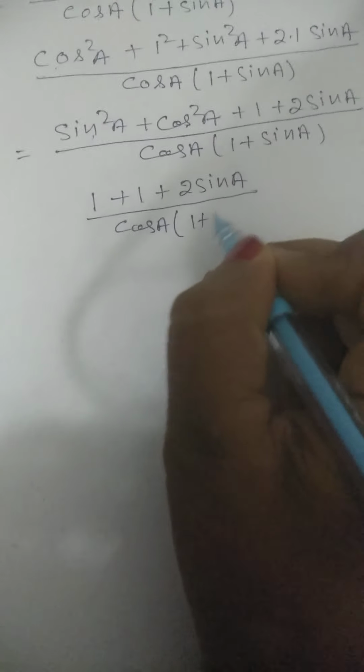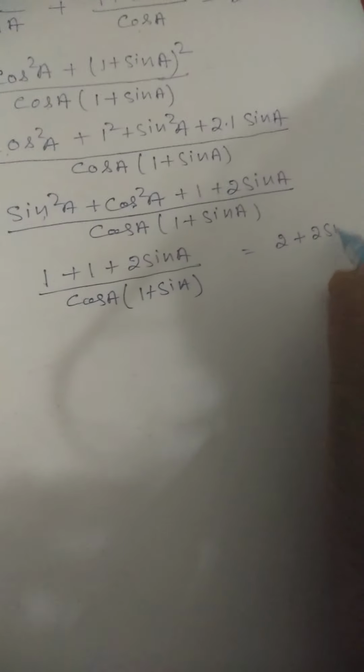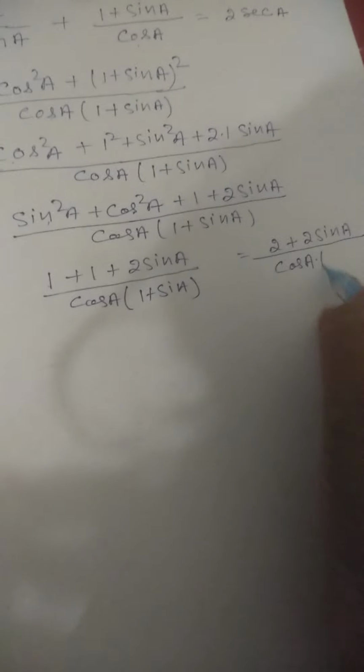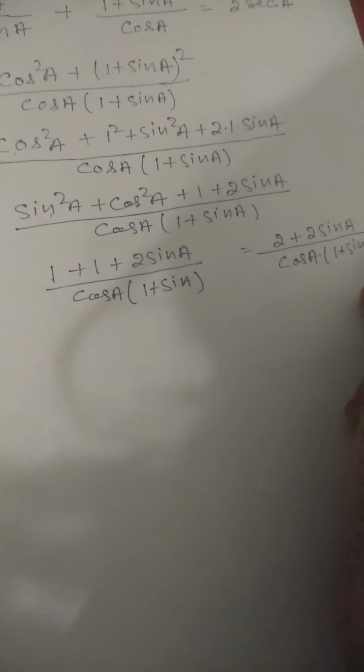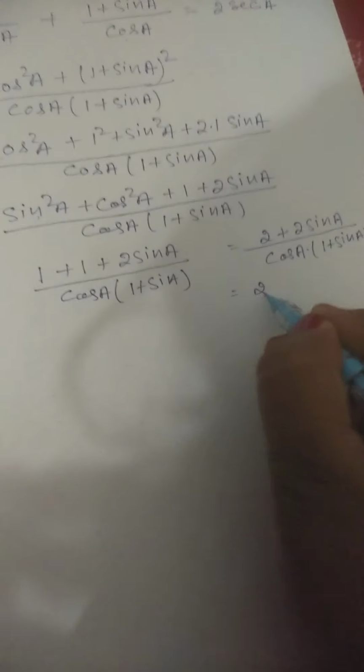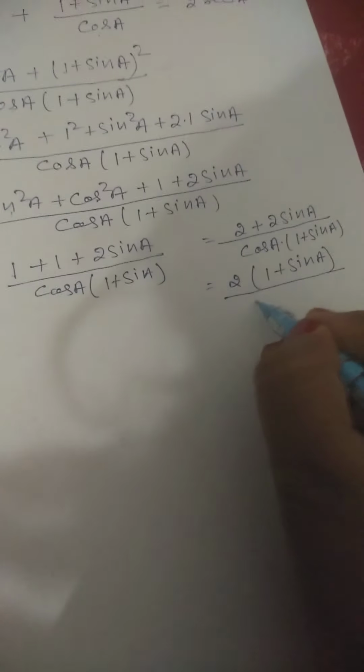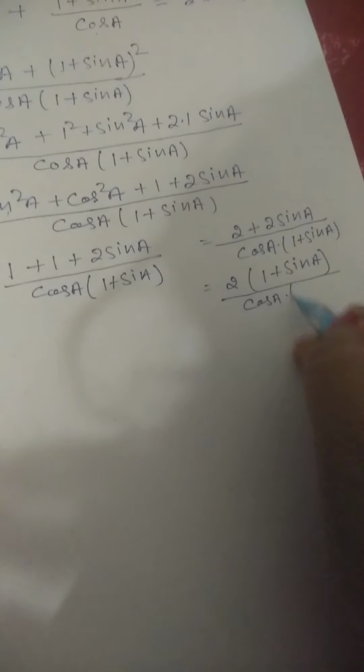So 1 plus 1 plus 2 sin A upon cos A into 1 plus sin A. 1 plus 1 is equal to 2. 2 plus 2 sin A upon cos A into 1 plus sin A. Take the common 2 out: 2 into 1 plus sin A upon cos A into 1 plus sin A.